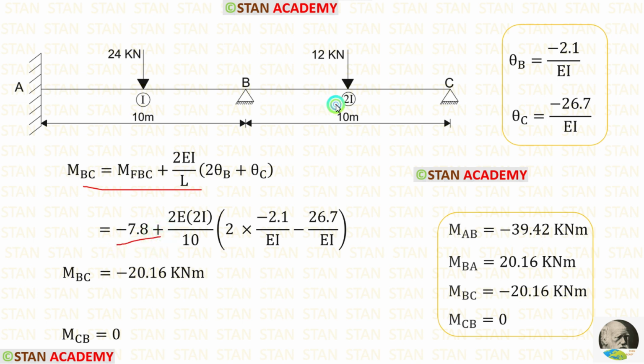The moment of inertia for BC is 2I. So instead of I, we have to apply 2I. Length of BC is 10 meter. Let us apply that. After applying the values of theta B and theta C, we are getting MBC. In this analysis, we have found all of the moments.